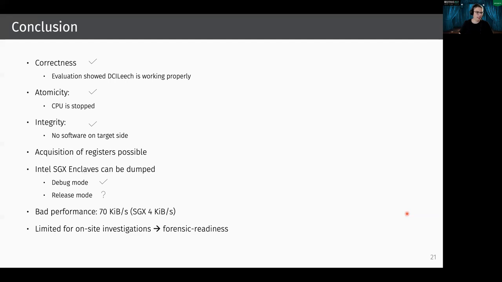One of the biggest disadvantages of Intel DCI is the poor performance. So we were only able to acquire the system's memory at about 70 kilobytes per second, and SGX memory could only be dumped at about 4 kilobytes per second.